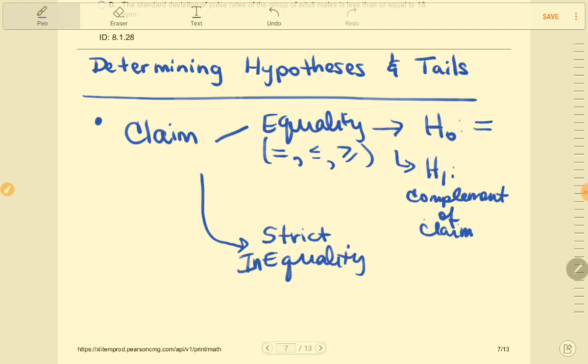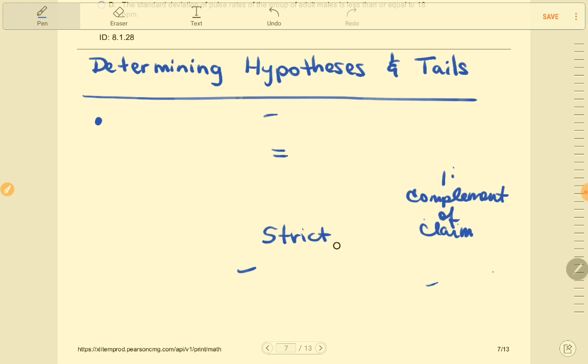Strict inequality, such as this symbol, or that symbol. Then your claim goes straight into the alternative. And your null hypothesis will always use that equal sign no matter what the case. So let's try some different examples, different scenarios that could come up.